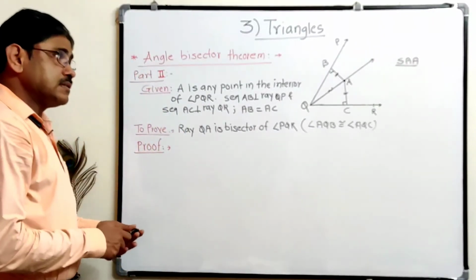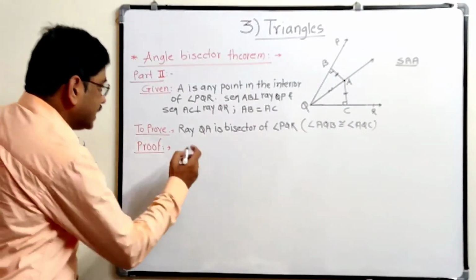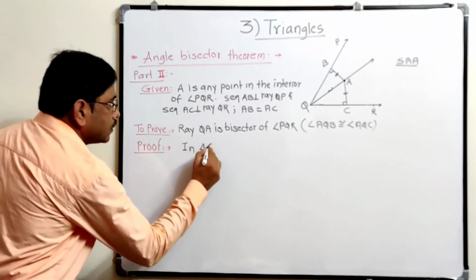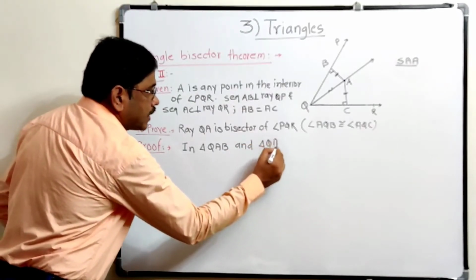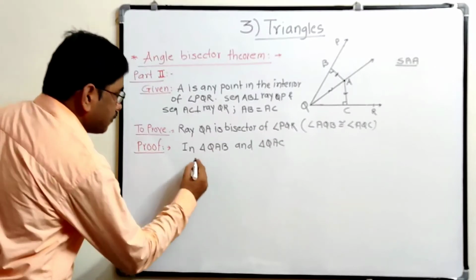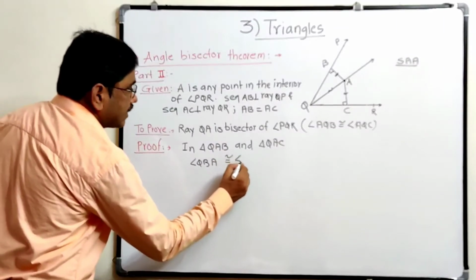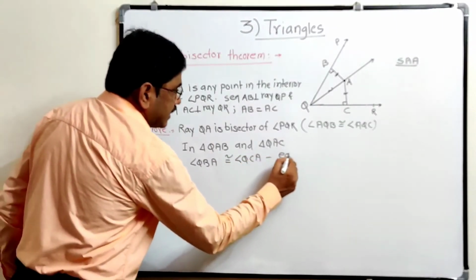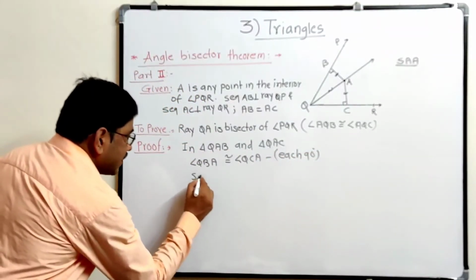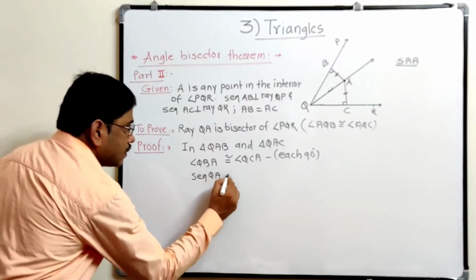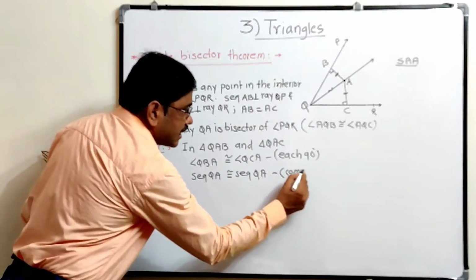Again, consider the same two triangles, QAB and QAC. In triangle QAB and triangle QAC, these are right angle triangles now. Angle QBA is congruent to angle QCA, each 90, meaning both are right angle triangles. For right angle triangles we have a test. Segment QA is congruent to segment QA: this is the hypotenuse, and it is the common side.